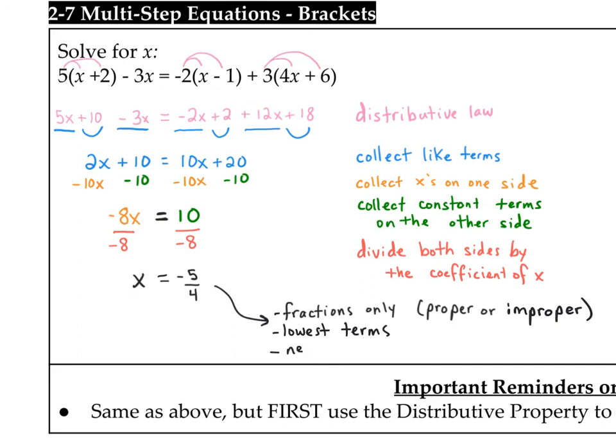And the negative should be in the numerator. So just like the last day's lesson, you just have to use the distributive law to remove the brackets first.